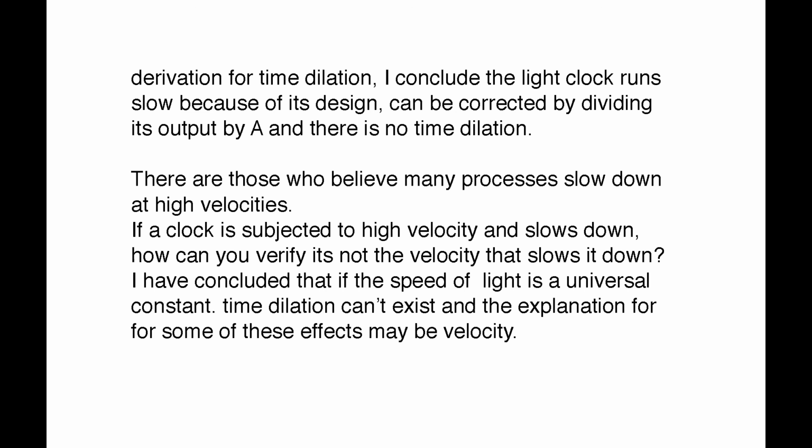In the derivation for time dilation, I conclude that the light clock runs slow because of its design and can be corrected by dividing the output by A, and there is no time dilation.